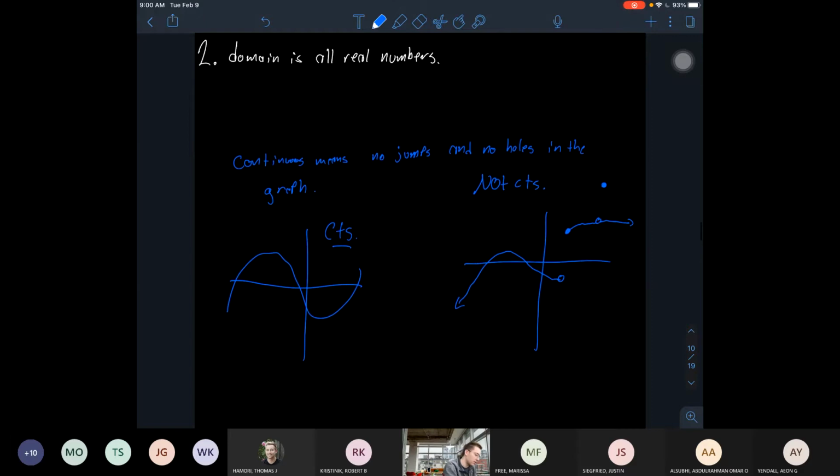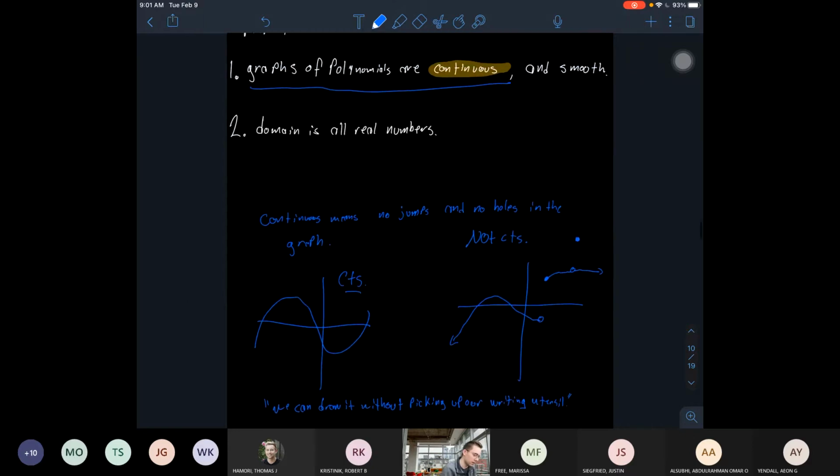Sometimes what we say is we can draw it without picking up our pencil or our writing utensil, I guess. I'm using an Apple Pencil. Okay, so if we can draw it without picking up our writing utensil, then it's going to be continuous.